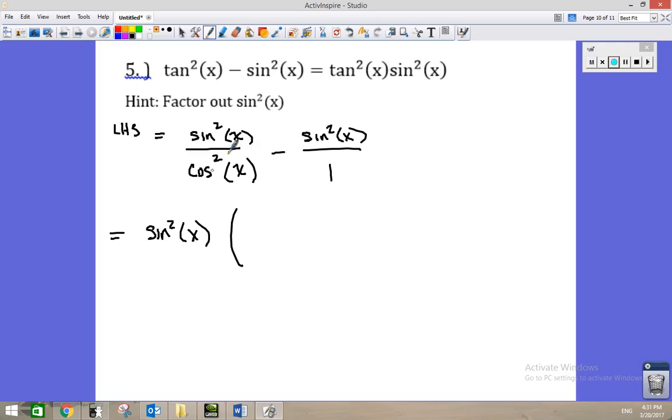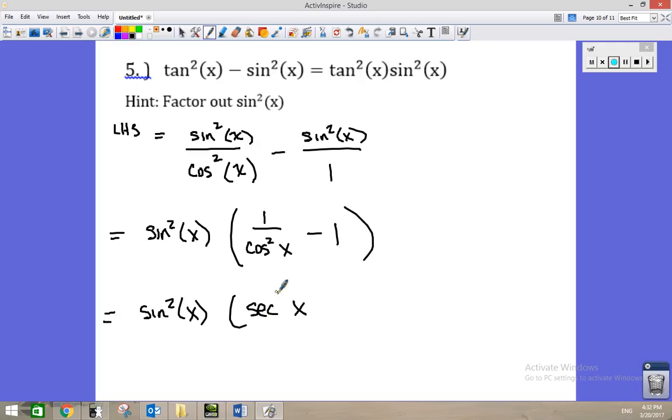And what we have left in the first term here is 1 over cosine squared minus 1. Alright, so let's leave this sine squared of x alone. And we have a reciprocal relationship that 1 over cosine is the same thing as secant.